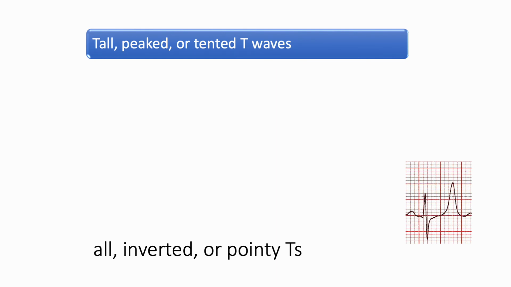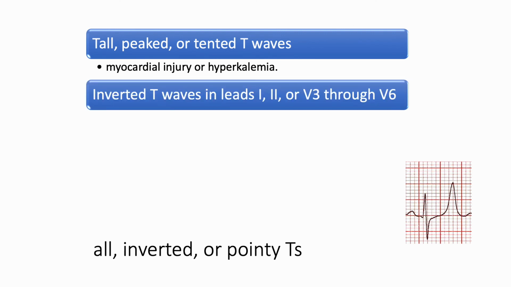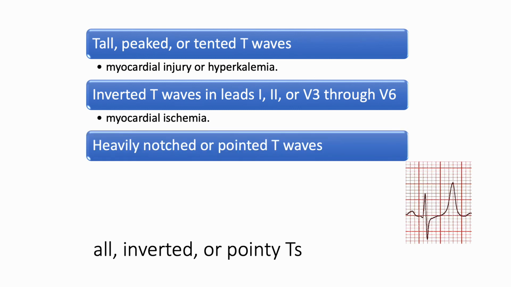The tall peaked or tented T waves, we already discussed, occur in myocardial injury or hyperkalemia. The inverted T wave in lead 2, 3 or V3, V6 occurs in myocardial ischemia. The heavily notched or pointed T wave may occur in adults with pericarditis.